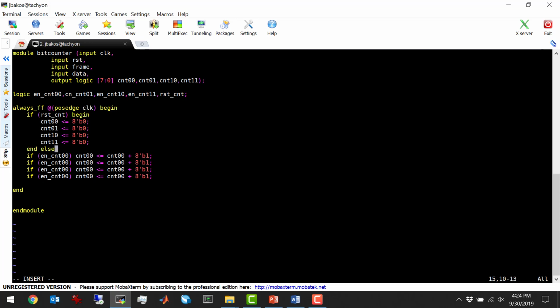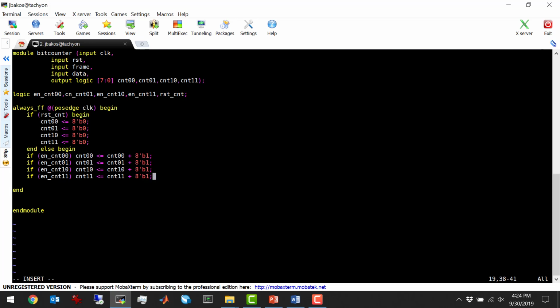Now check this out. This is something I always thought was strange, but you have to put the begin and end for that if statement, and then you put the else after the end. It's a little different. And then I'll have to put another begin after the else, and then I'll update these: count01, count10, count11.